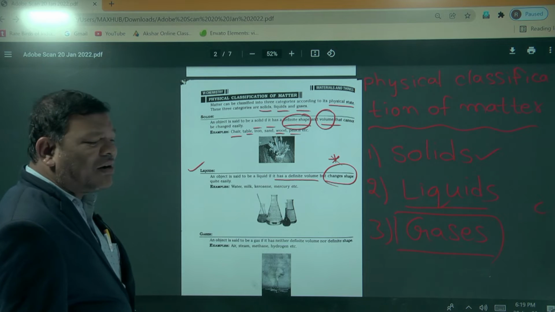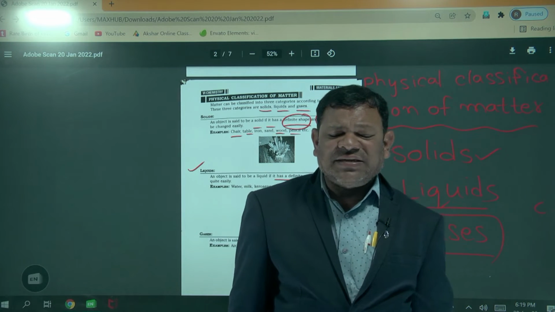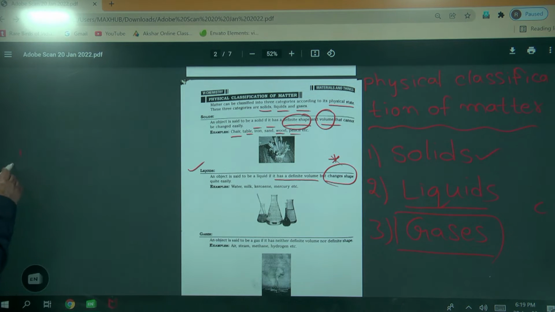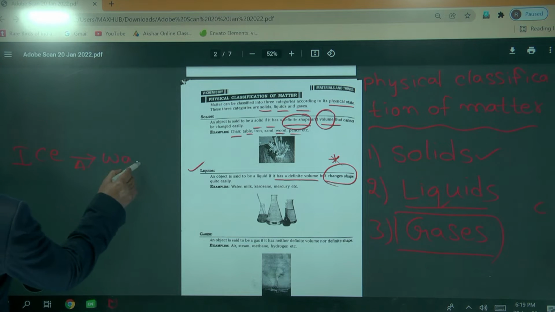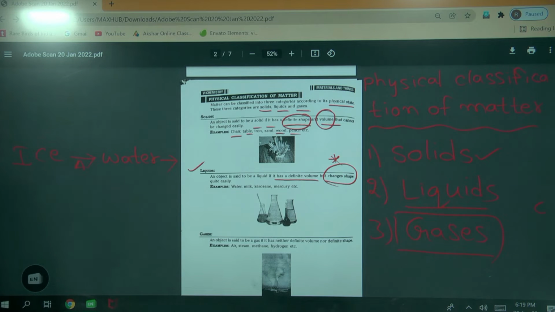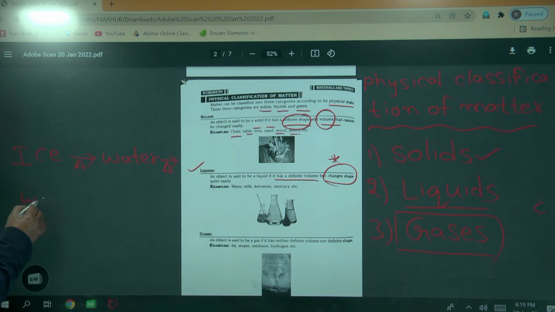For example, ice is a solid state, you know very well. When we apply heat, it changes into water. Water is the liquid state. If you boil this water again, what happens? Water changes into water vapor.